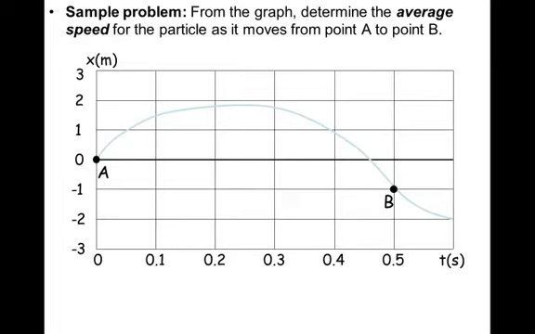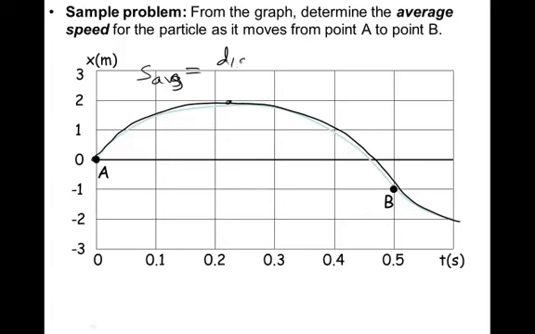To find the average speed, remember, that's the distance divided by the time. So when we're going from here to here, that's about 2 meters. So remember, our average speed is the distance divided by the time.